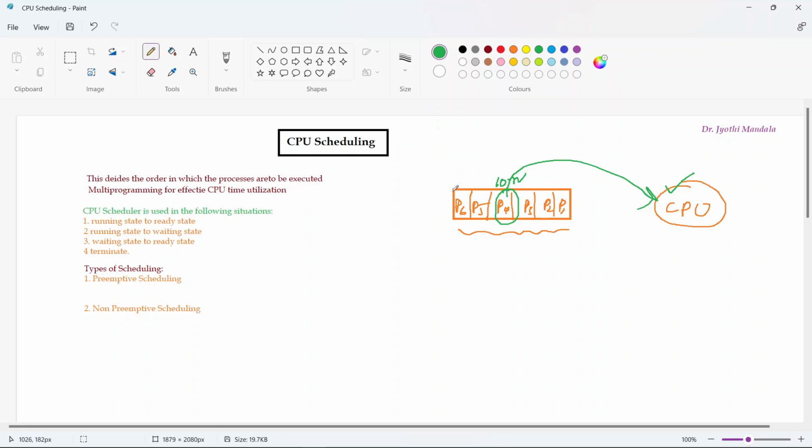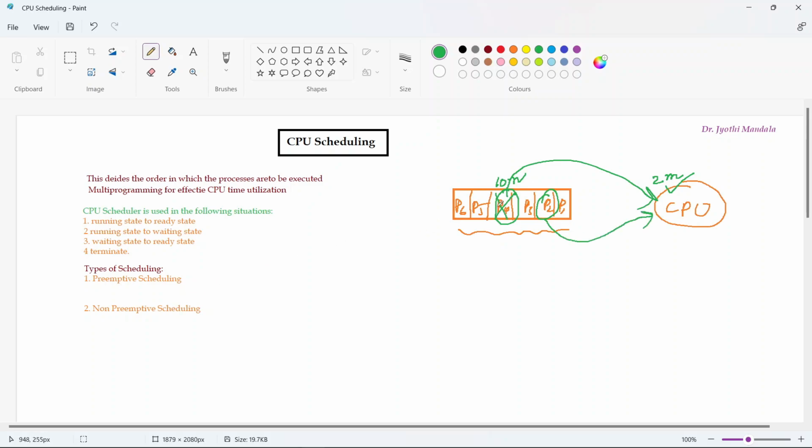Preemptive is nothing but, if a process requires 10 minutes of time and has been executed for only 2 minutes, then depending upon the scheduling algorithm there may be a chance that the CPU stops executing this process, another process is selected and assigned to the CPU.